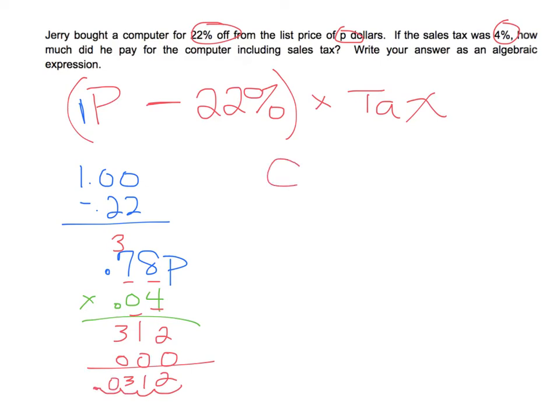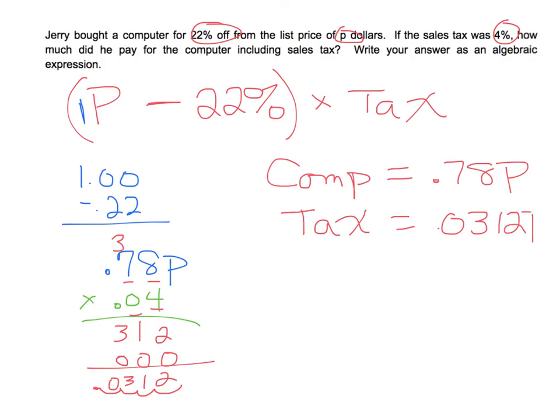So the computer is going to cost us 0.78P. And then the sales tax will actually be 0.0312P, which is a little more than 3%. And what we want to do here now is add these two numbers.